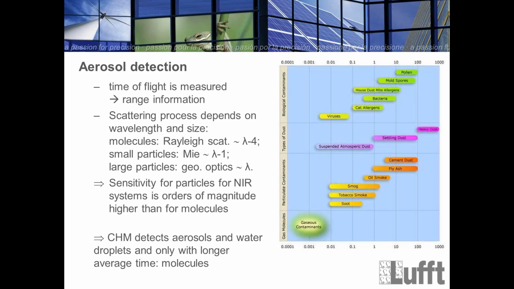You can measure it very well with the 1 micron system, but to differentiate between different particles or different sizes, you need at least 2 or 3 different wavelengths. For example, for full detection of volcanic ash, it helps a lot to have a radar wavelength and a Lidar wavelength and compare these results.